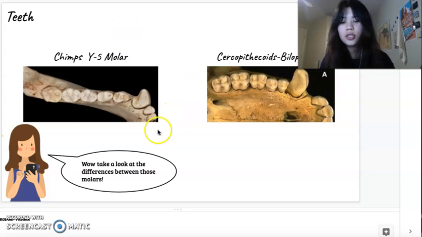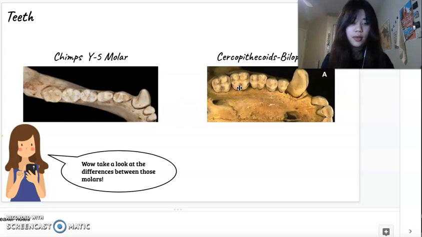Chimps have the Y5 molar, where there's 5 cusps, whereas the molars of the cercopithecus are divided into halves, and there's just 2 sections of this molar rather than 5.